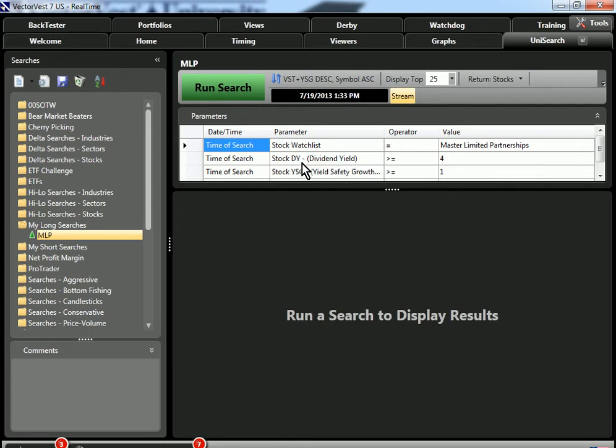Secondly, the dividend yield must be greater than or equal to 4% annually. On top of that, we want the YSG, which is the yield, safety, and growth vector, to be greater than or equal to 1. And the second time VST is going to come into play here is this list will be sorted by VST plus YSG.